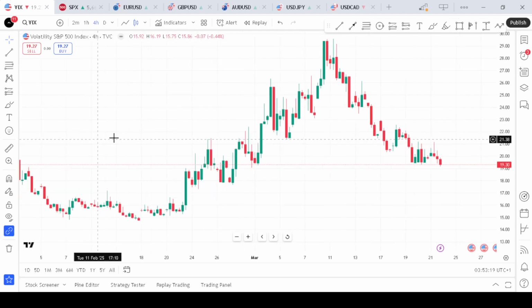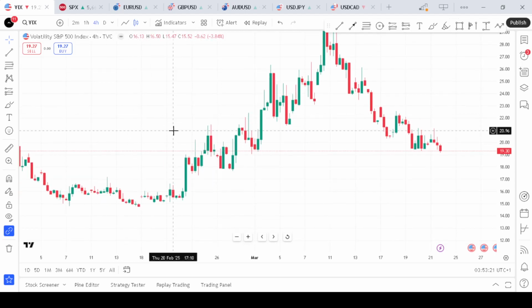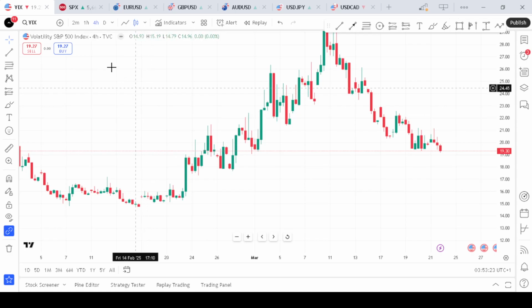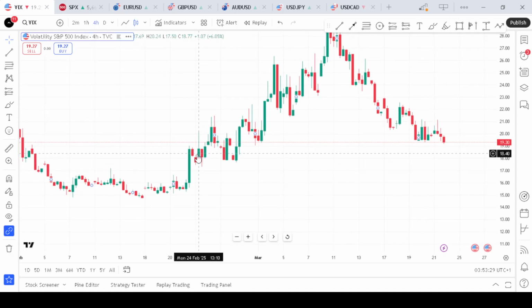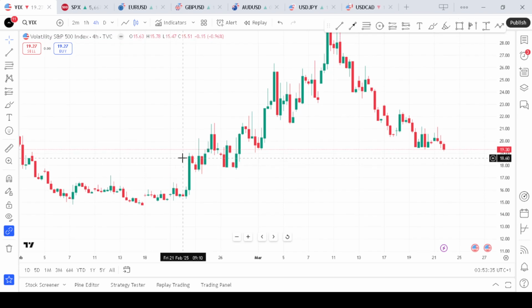The VIX is calculated based on the prices of S&P 500 index options, which are financial contracts that give traders the right to buy or sell the index at a predetermined price within a specific time frame.